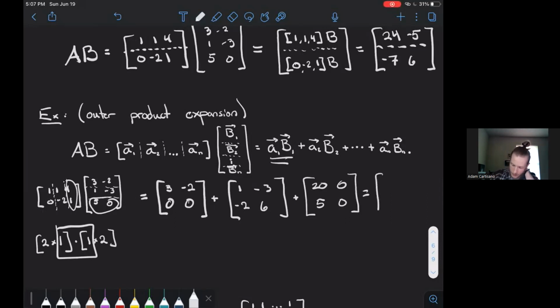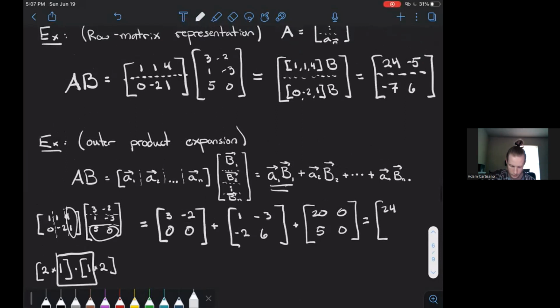When we do this, for the final answer we have to remember now we have to add matrices together. Addition only works if the matrices are precisely the same size. Fortunately, all of these are 2 by 2 matrices, so we just add component-wise. 20 plus 1 plus 3 is 24. 0 plus -2, I have a minus sign missing somewhere, plus 5 is 3.